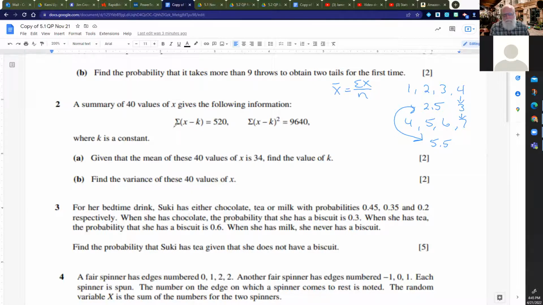In this case, I don't know what number it is that I have added or subtracted. I know it's subtracting, okay? But if I add it all up, what did I get? 520. And how many values are there? 40. All right, so what I need to do then is figure out the average. And so what I'm going to do is go like this.